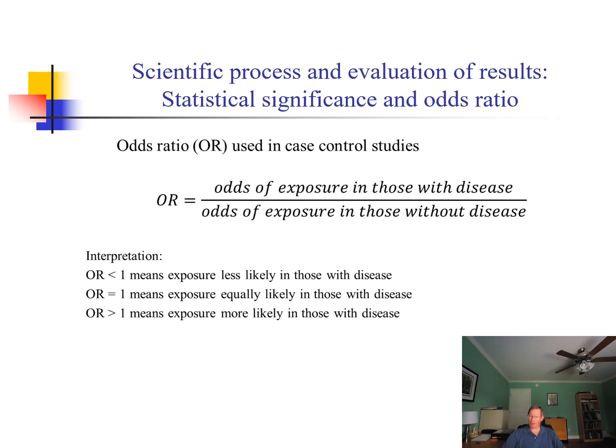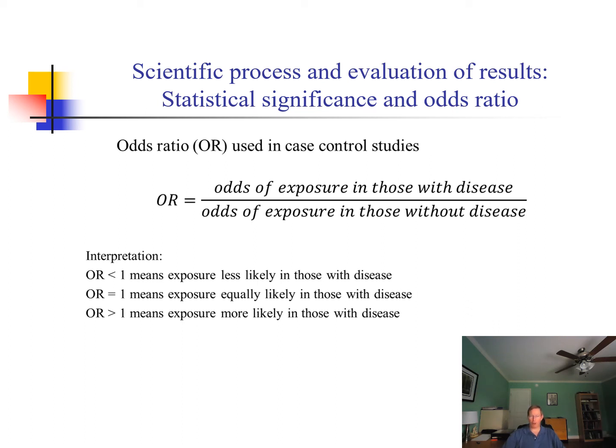Just as an aside, since we're here, for case control studies, for retrospective studies, odds ratios are used. An odds ratio is a little different. It's the odds or the chance of exposure in those with a disease and those without a disease.